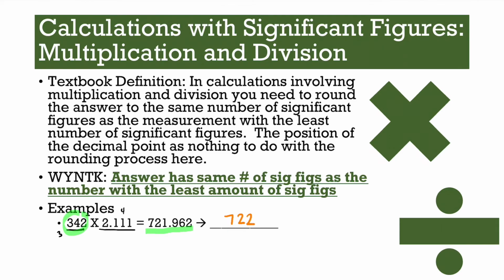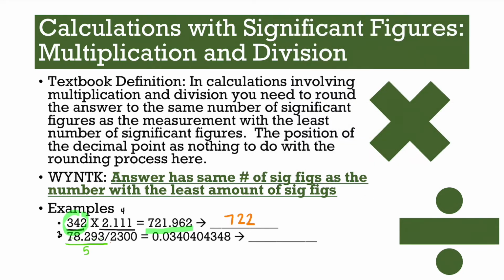So when we're talking about multiplying and dividing, we're talking about all of the numbers in total. Addition and subtraction was just the decimal places. Multiplying and dividing is all of the numbers as a whole. So let's just do this one together. This first number has 1, 2, 3, 4, 5 significant figures.